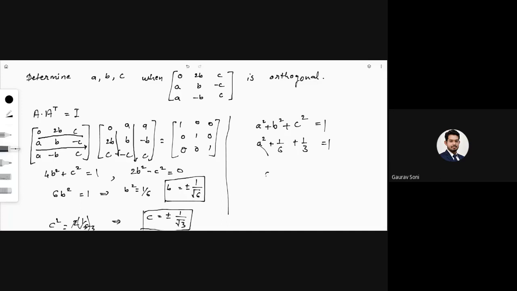So a square, 3 by 6 means 1 by 2. 1 minus 1 by 2 is 1 by 2. So a is equal to plus minus 1 by under root 2. Okay. We have the values of a, b and c.